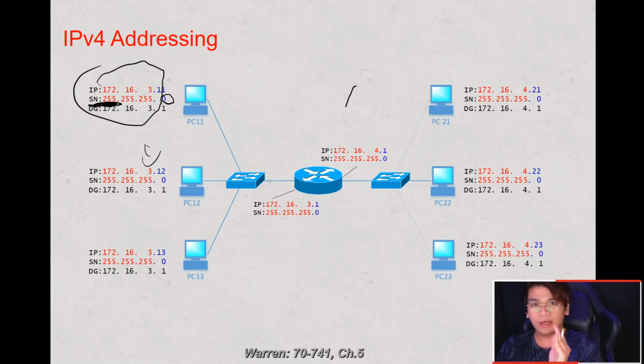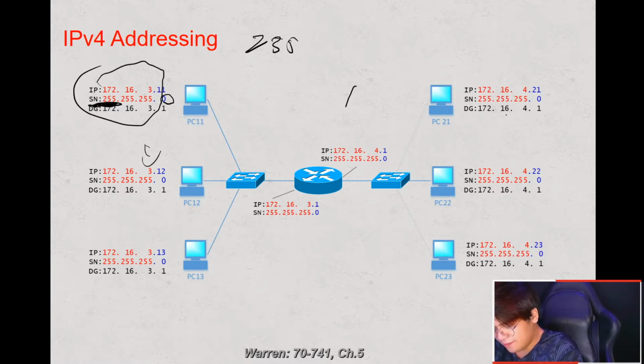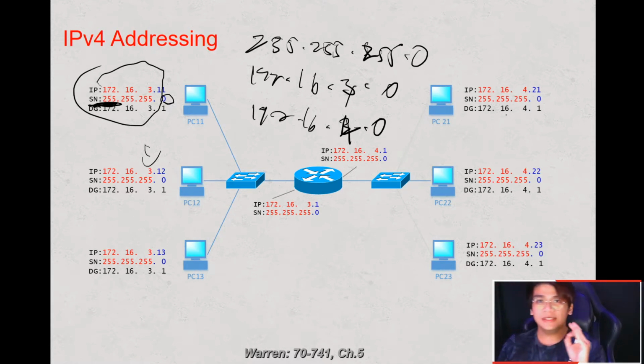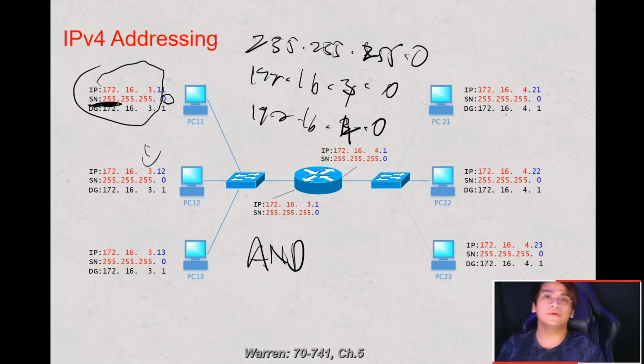You can also calculate it by checking whether the 172.16.3.0 and 172.16.4.0 addresses, with mask 255.255.255.0, are in the same network, by using the ANDing method. Like last week, I taught you how to do the ANDing method.